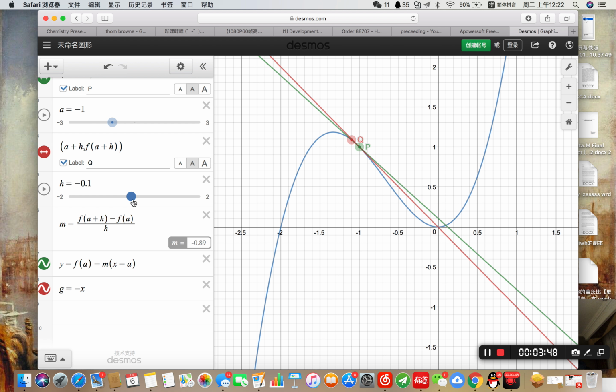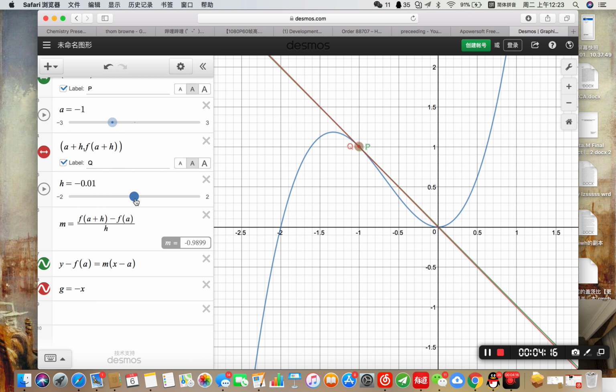So when h approaches 0, like minus 0.01, it's almost the same line. Because h is in the denominator of the formula for the slope, when h equals 0, it cannot be defined.